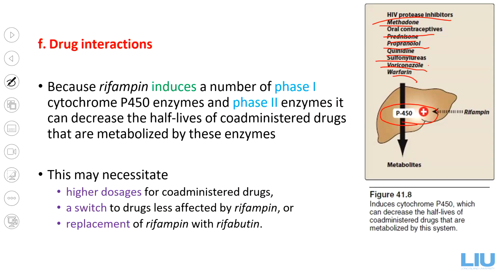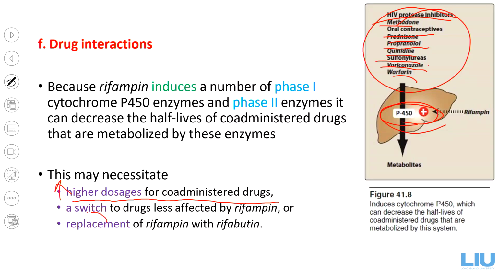Now, let's see, through phase 1 and phase 2. And so as a result, this may necessitate a higher dosage of the co-administered drug. This requires a higher dose because you're inducing the metabolism of these drugs, right? So you would have to increase the dose of those drugs because you have more of them now being metabolized.